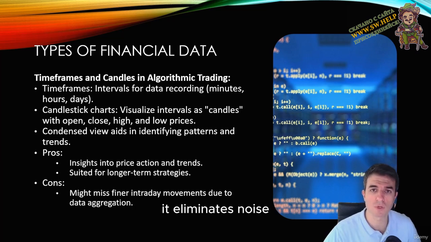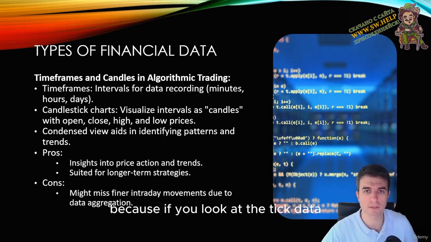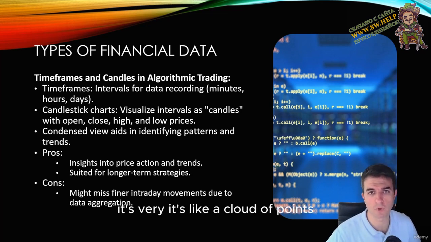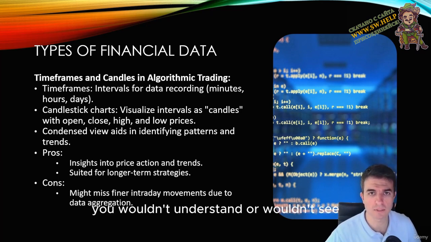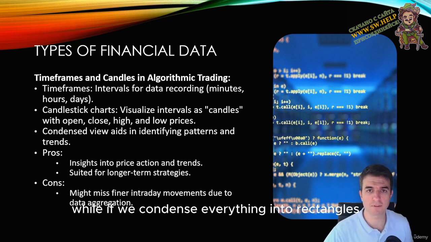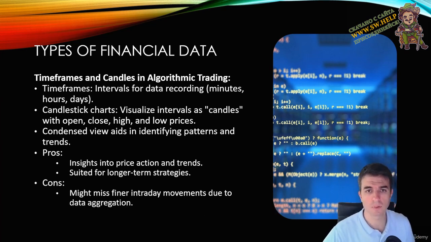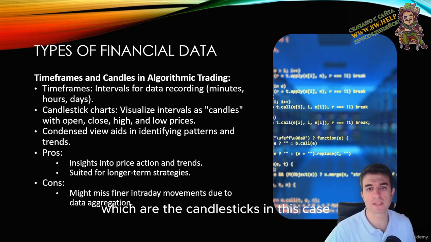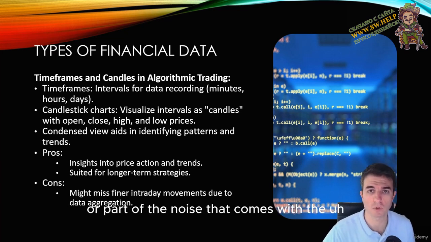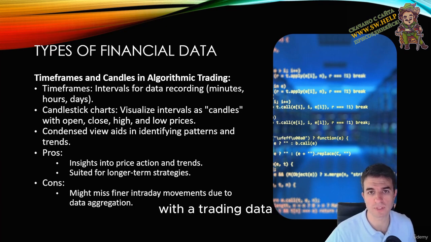It eliminates noise, because if you look at the tick data point by point, it's like a cloud of points. You wouldn't understand, or we wouldn't see the trend very clearly, or any kind of patterns. While if we condense everything into rectangles, which are the candlesticks, we are easily eliminating the noise, or part of the noise that comes with the trading data.